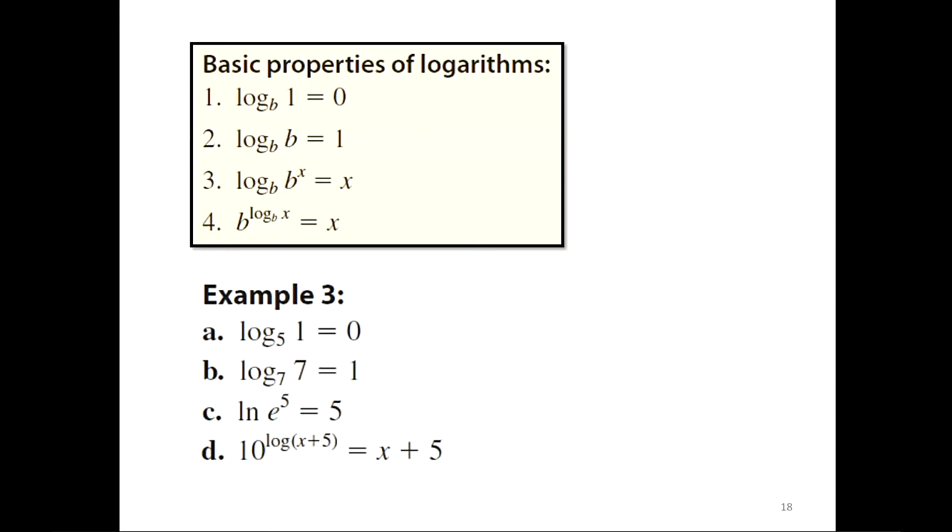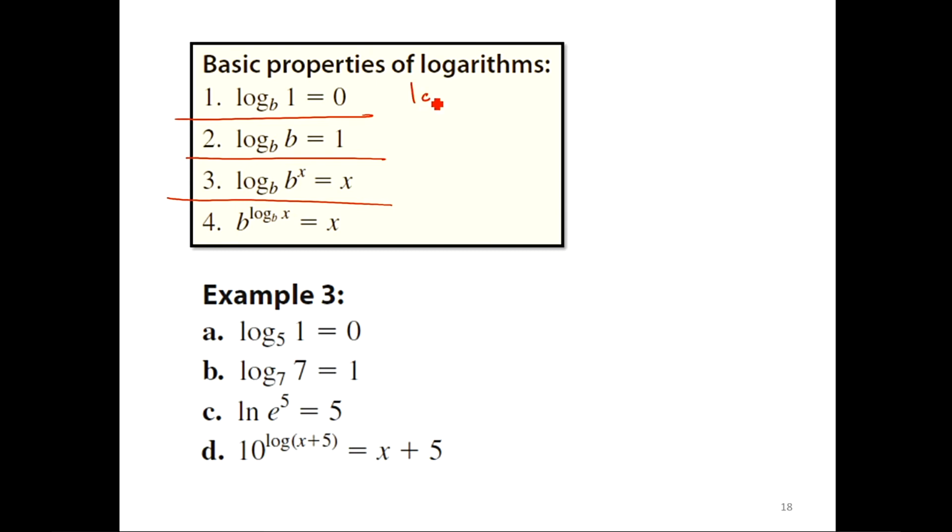We have important properties in logarithm. These are the 4 very important properties. Look at this. Logarithm 1 always equals 0 for any base.